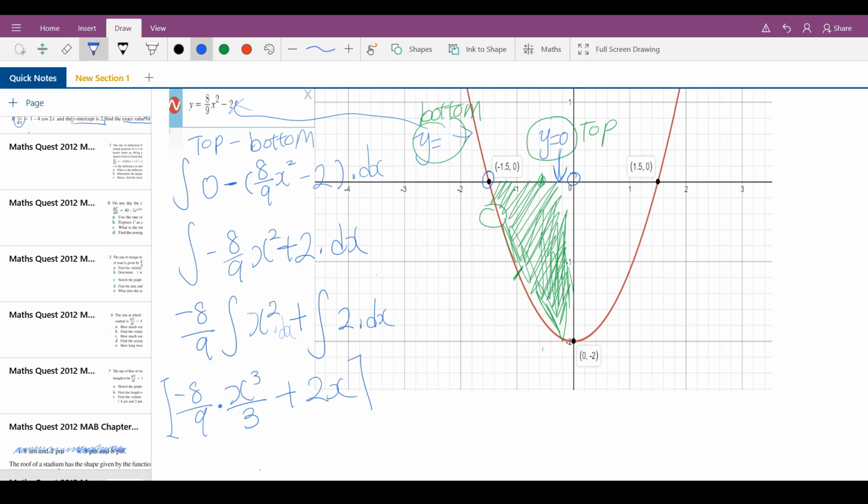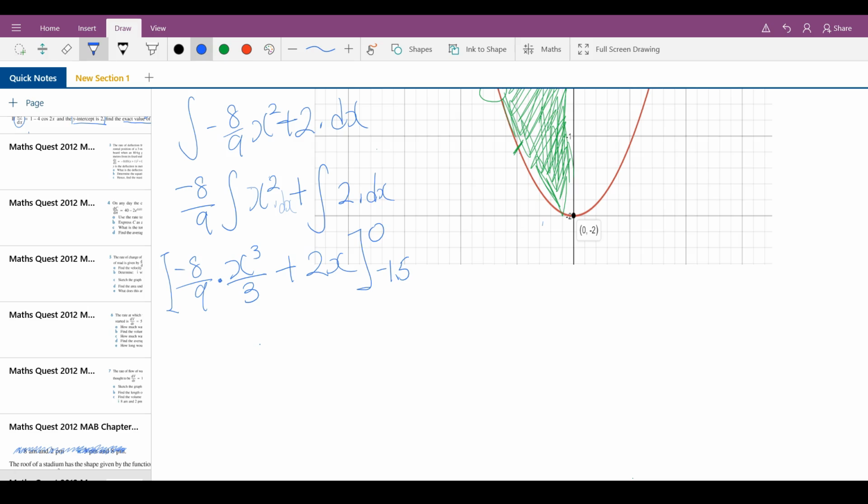Now, this is not an indefinite integral, so there's no c, because we're trying to find the area under the curve between these two points. So it will be 0 and negative 1.5. Rightio, so let's get them in there.